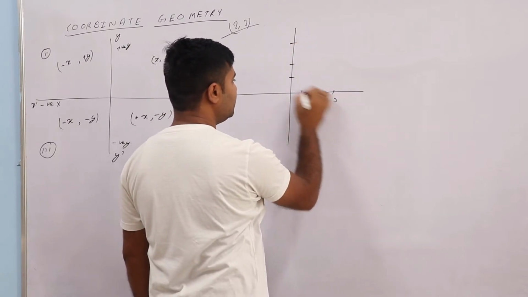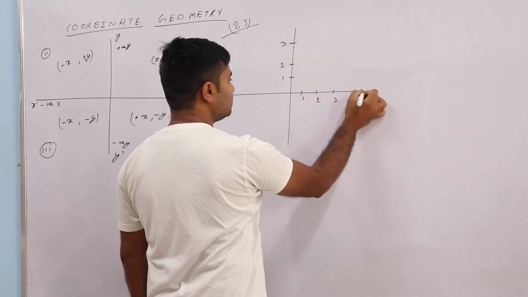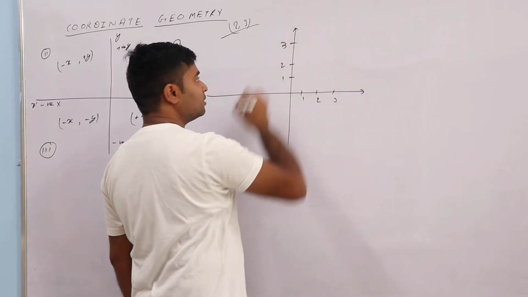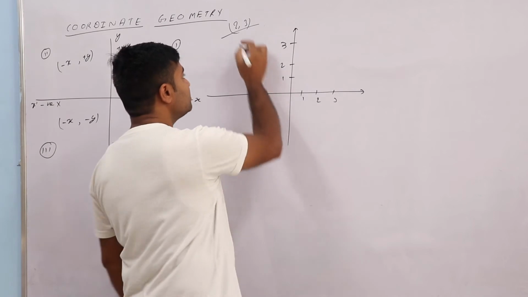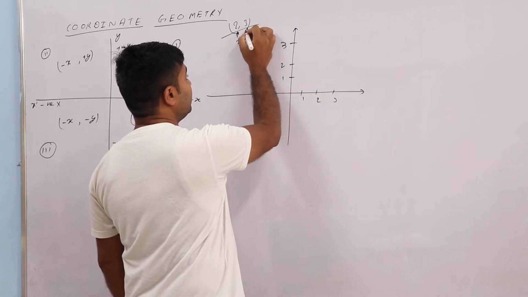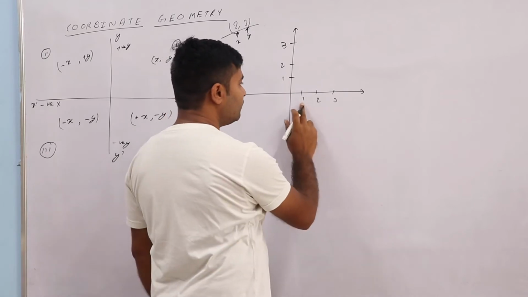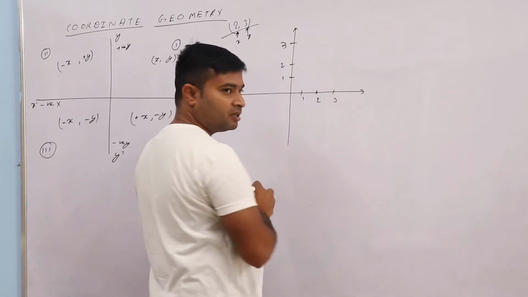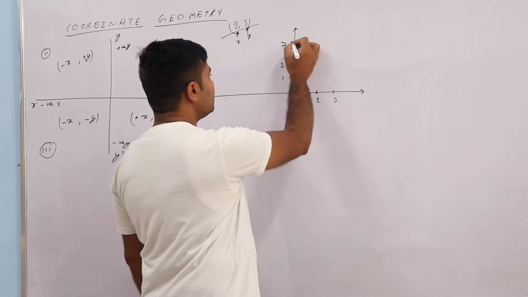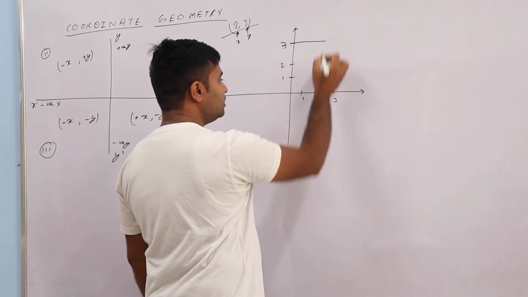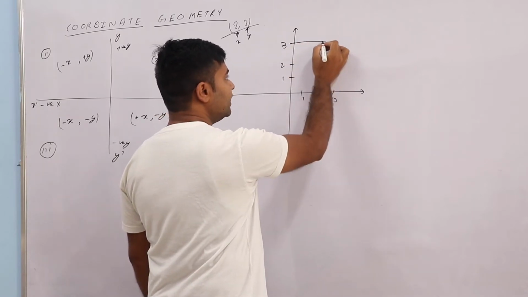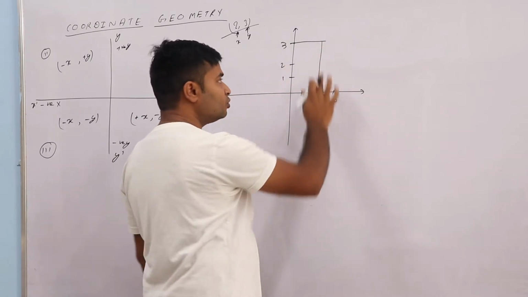Then 1, 2, 3. The value of x is 2 and the value of y is 3. We'll draw a straight line where these two will join.